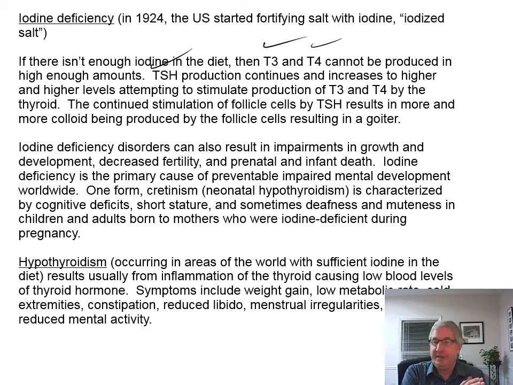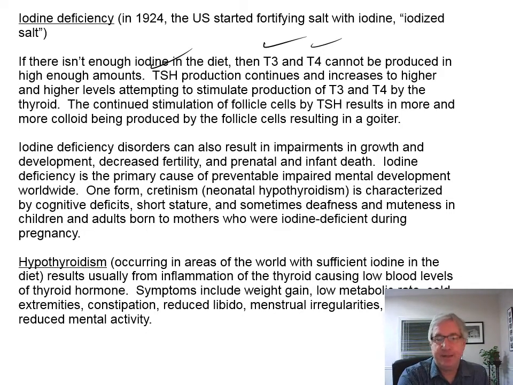One form is called cretinism, also referred to as neonatal hypothyroidism. It is characterized by cognitive defects, short stature, sometimes deafness and muteness in children and adults who were born to mothers who were iodine deficient during pregnancy.